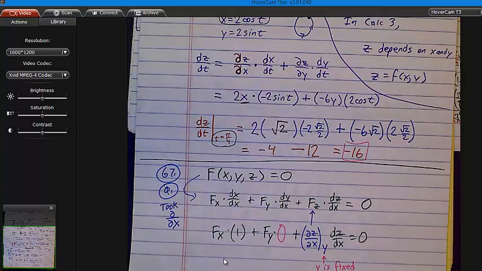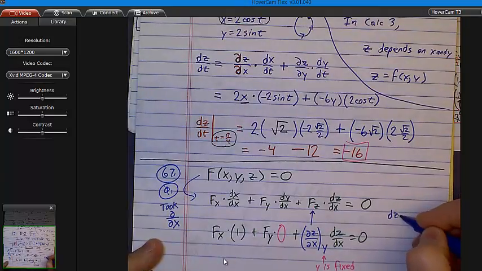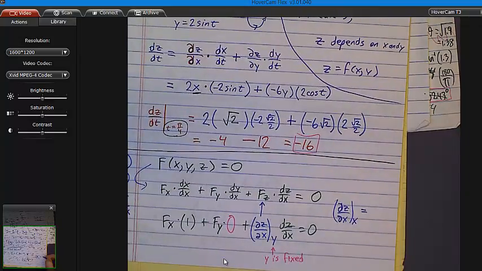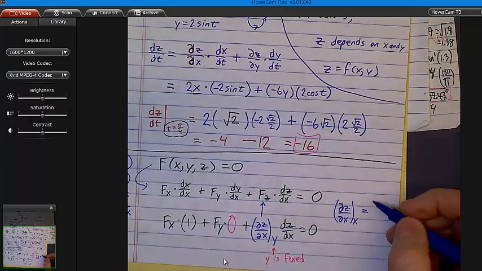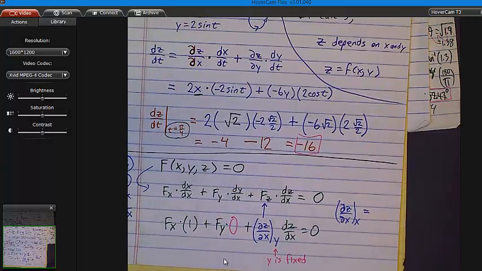Okay. So we get a formula. We get this dz dx, curly dx when y is fixed, is equal to, I guess it's, no, it's the other way, right?